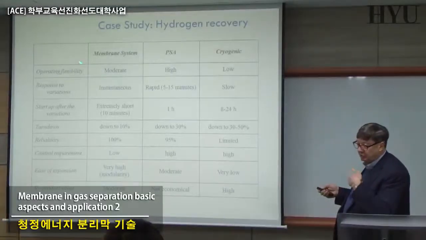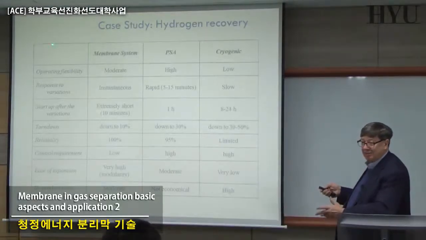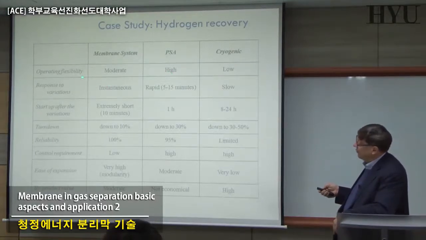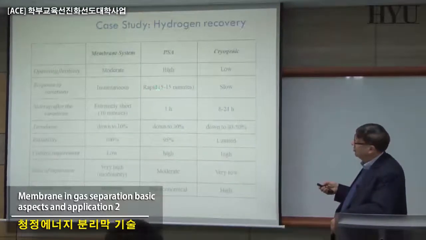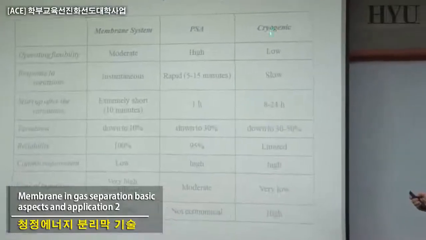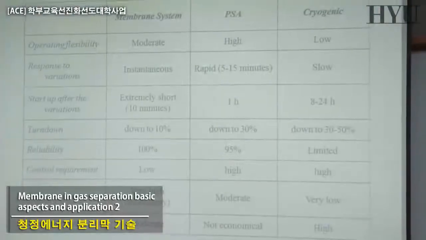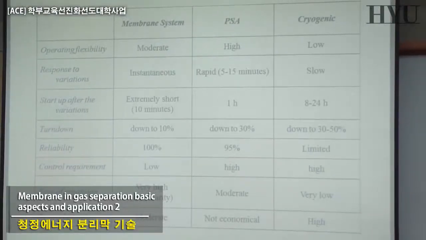If you change the pressure, the transmembrane flux changes immediately. The situation is very different for the response to variation in the PSA and cryogenic. Cryogenic is very, very slow. It takes a lot of time, because you have to liquefy and you have to distill, etc. And in the case of PSA, between 5 and 15 minutes, relatively rapid, but not very rapid when you compare it to the membrane, which is instantaneous.